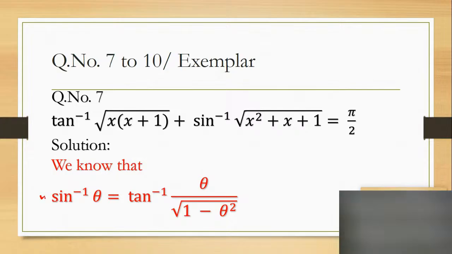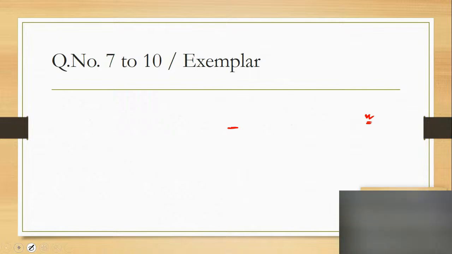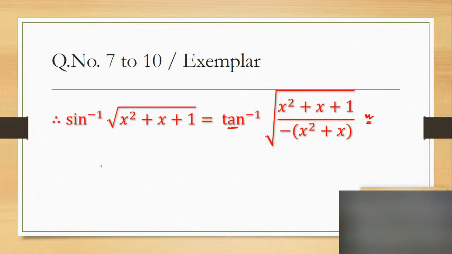So we recall this formula: sin inverse theta equals tan inverse theta by root of 1 minus theta square. Instead of theta we have x square plus x plus 1 over root, which equals tan inverse x square plus x plus 1 by x square plus x. There is no problem to understand up to this step. Again we recall the formula tan inverse x plus tan inverse y.